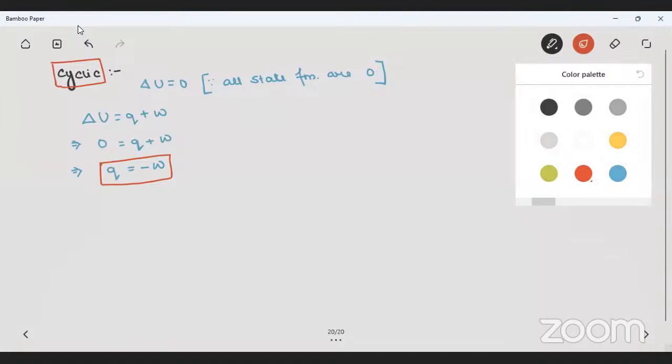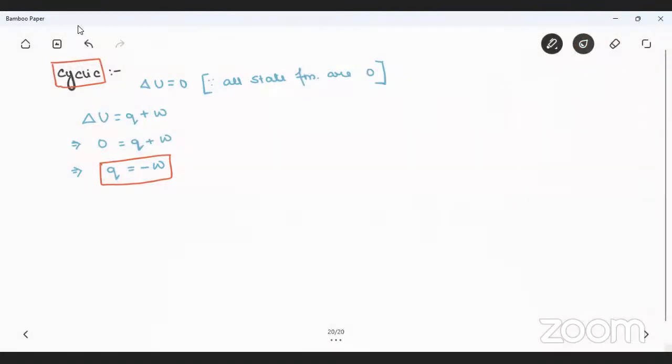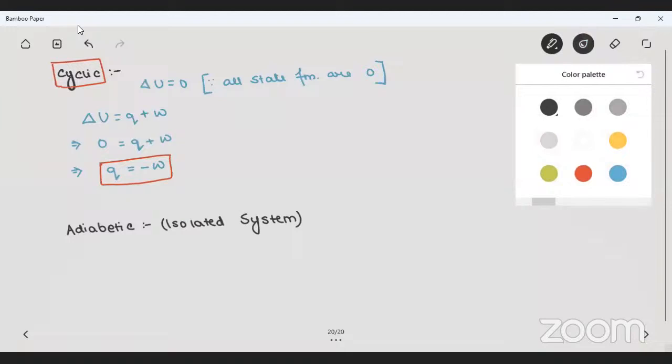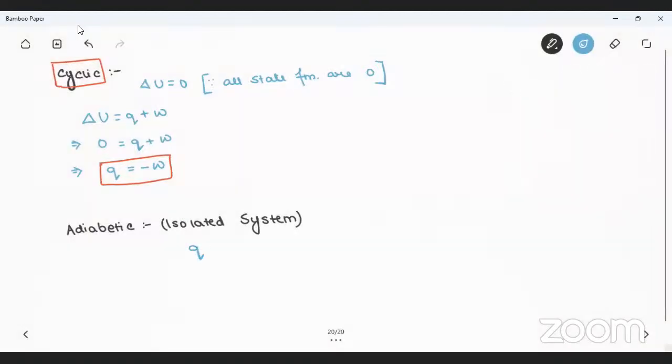Now, there is one more system, which is the adiabatic. Remember, adiabatic system is a kind of isolated system. Now, what happens for this? In an isolated system, Q is equivalent to 0.